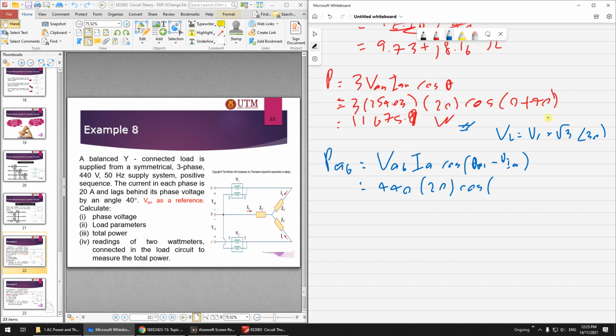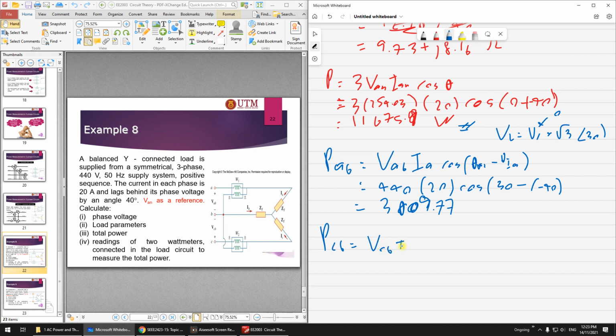So because this is 0 degree, this one 30, you get 30 minus negative 40, you get 440 multiplied by 20 cos 70, 3009.77. And then P_CB.